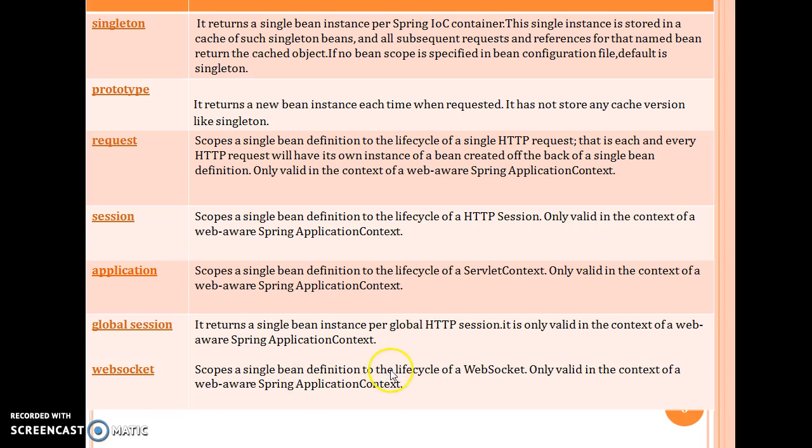It scopes a single bean definition to the life cycle of a WebSocket, only valid in the context of a web-aware Spring application context. So request, session, application, global session and WebSocket are scopes only valid in the web environment, and singleton and prototype are valid for the Spring core container.